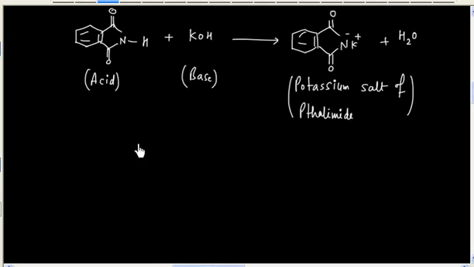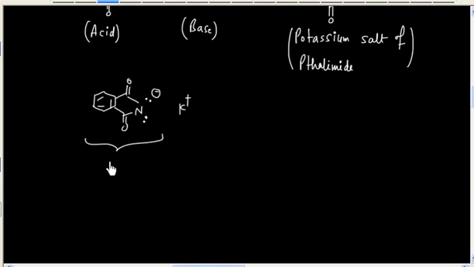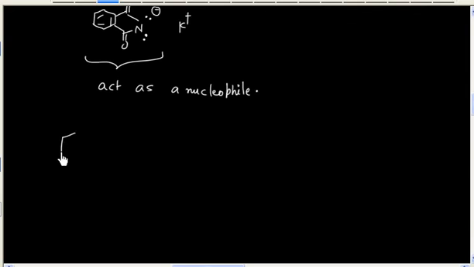Now the potassium salt of phthalimide can act as a nucleophile. So let us say this reacts with an alkyl halide.